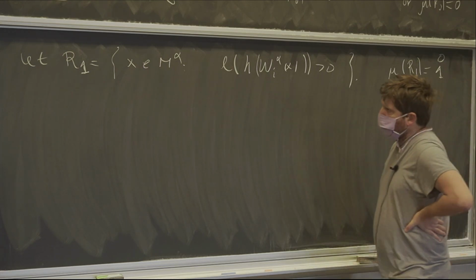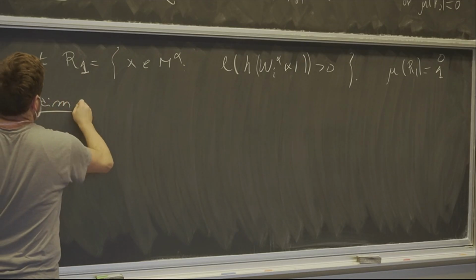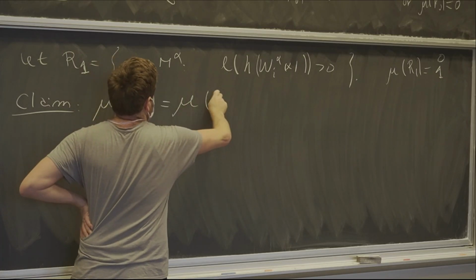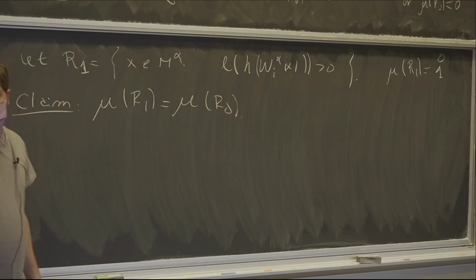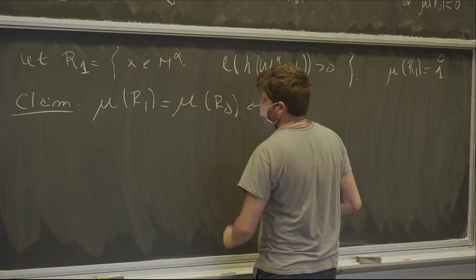And my first claim is that these two sets have the same measure. So if one has zero measure, then the other will have zero measure. And the reason for that is the following.